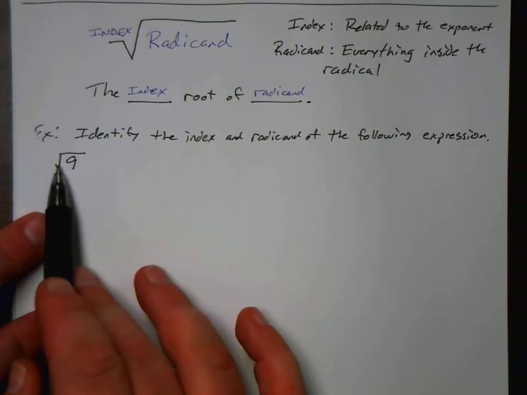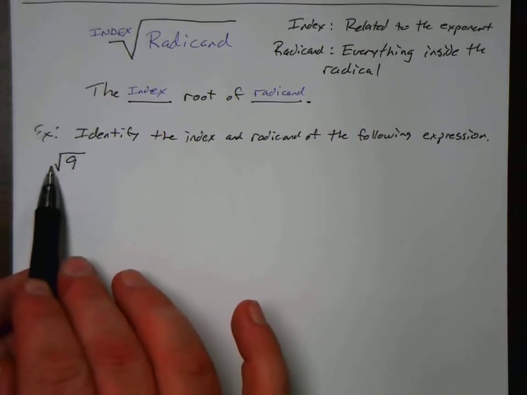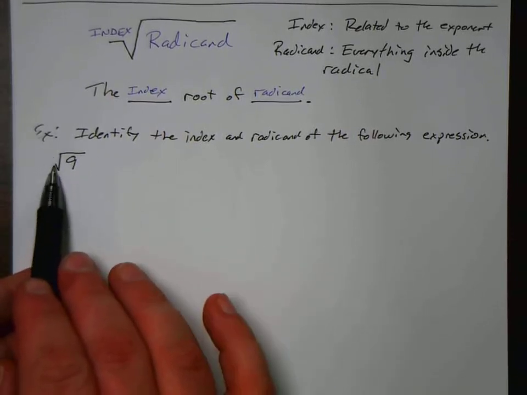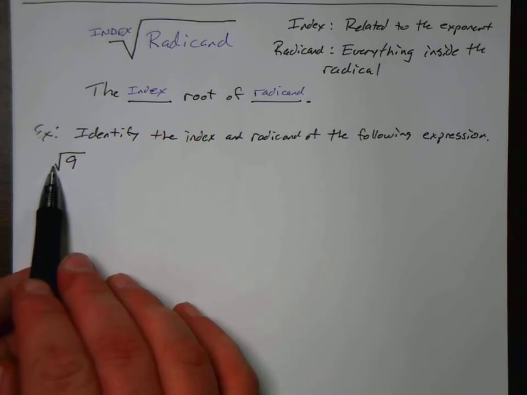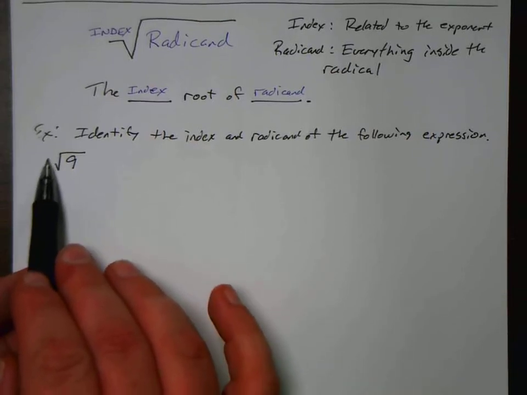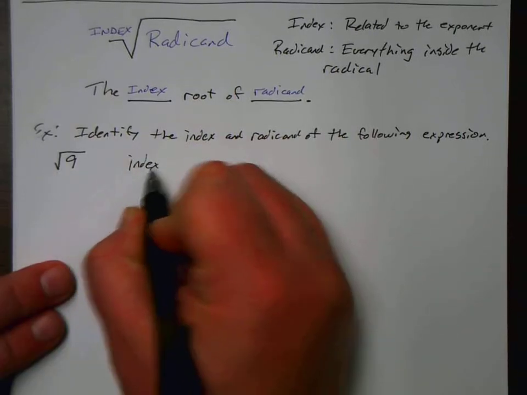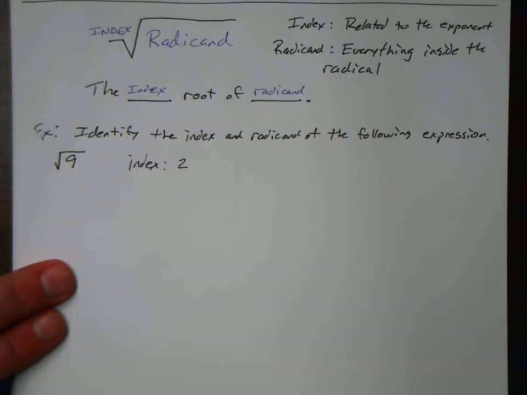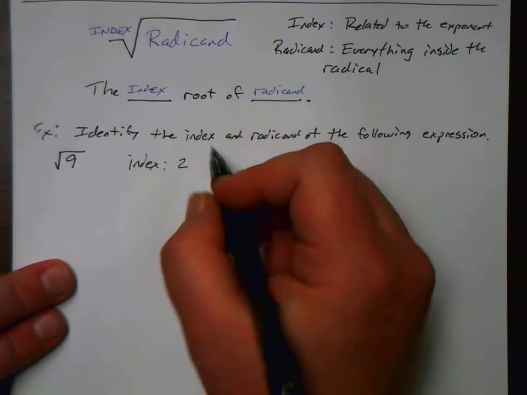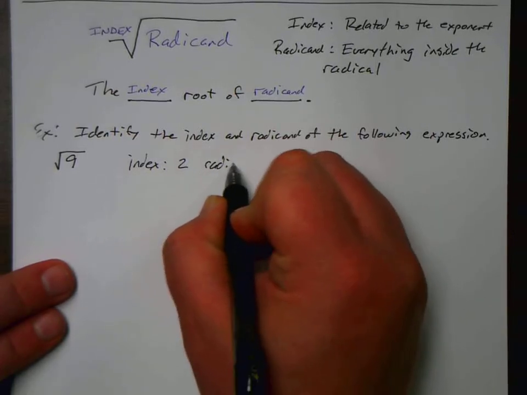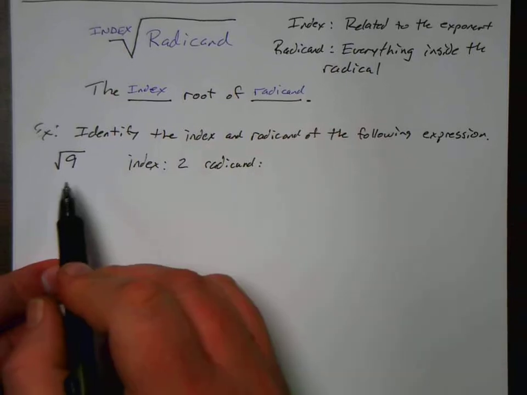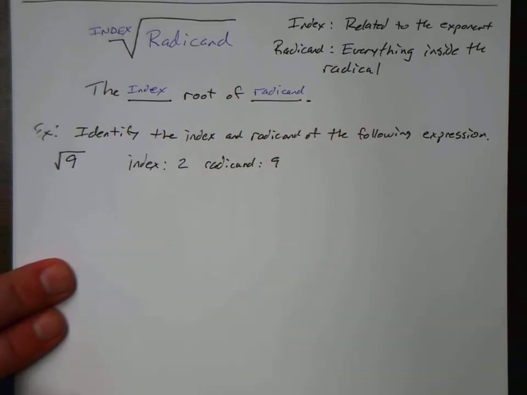So the index, is there an index here? Well, technically yes, but the reality is that it's blank. All right, so this is really my index here. Whenever it's blank, the index is always going to be a 2. And the radicand for this one is going to be 9.